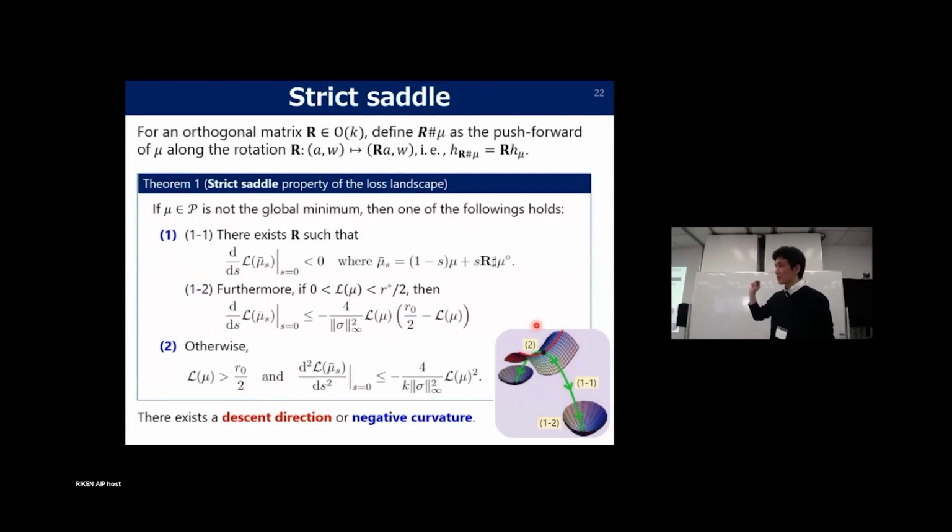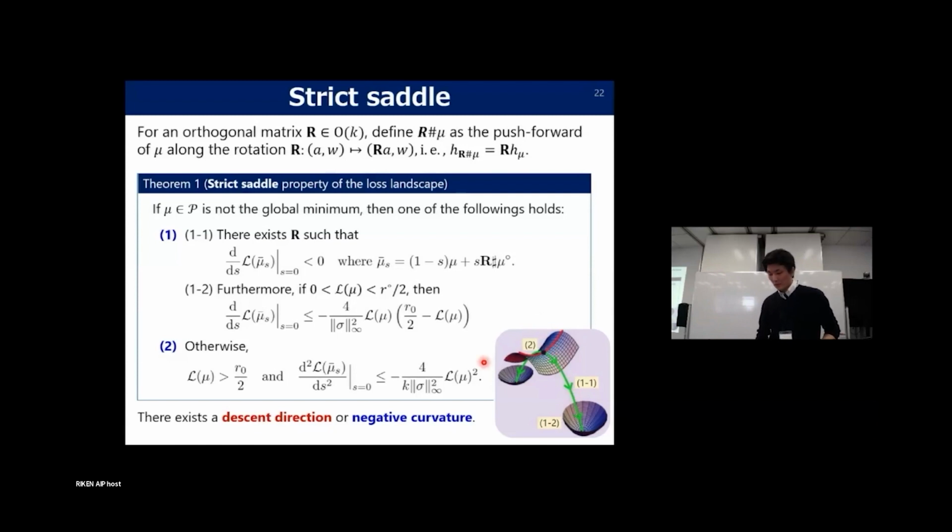So even if you cannot find a descent direction, meaning the gradient is 0, you can find the negative curvatures. Then, adding a small perturbation, you can get out of the saddle point and escape from the local optimal solutions.